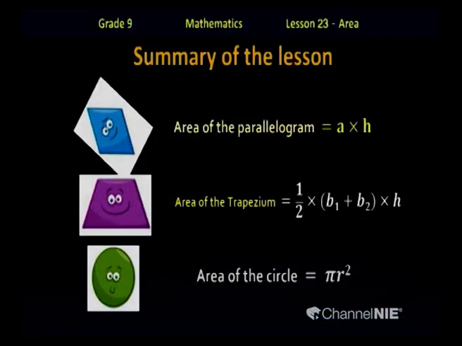Now let's see the summary. We learnt the area of the parallelogram: it is base into height. Next, the area of the trapezium: it is half into the sum of the lengths of the parallel sides into the perpendicular height. And the area of the circle: it is pi r squared. We got them and we applied them in some problems.